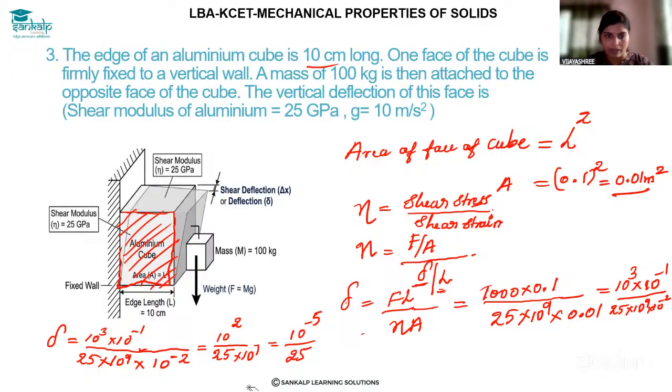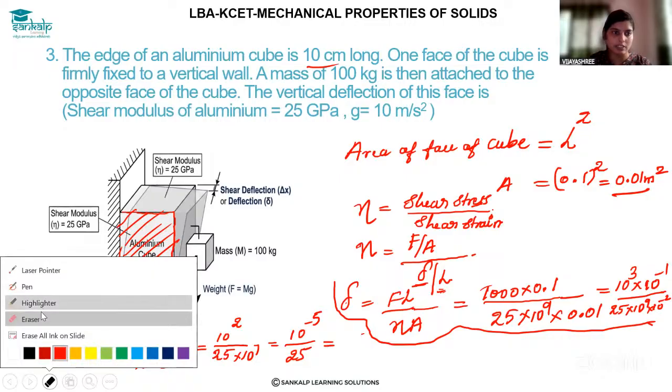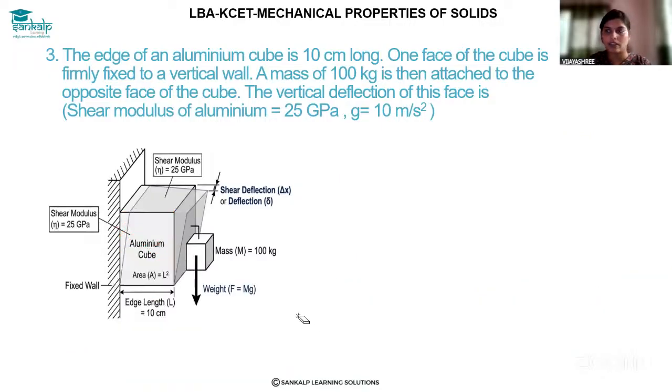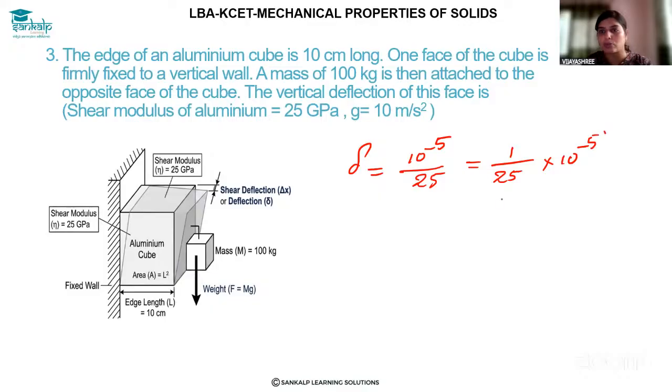So vertical deflection came out to be 10 to the power minus 5 divided by 25, which is equal to 1 by 25 into 10 to the power minus 5, right?